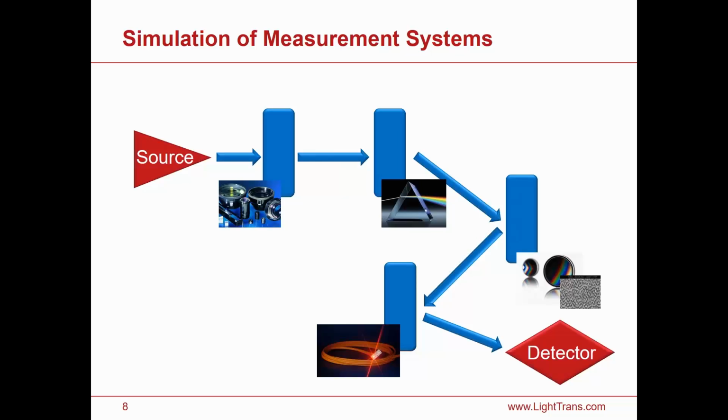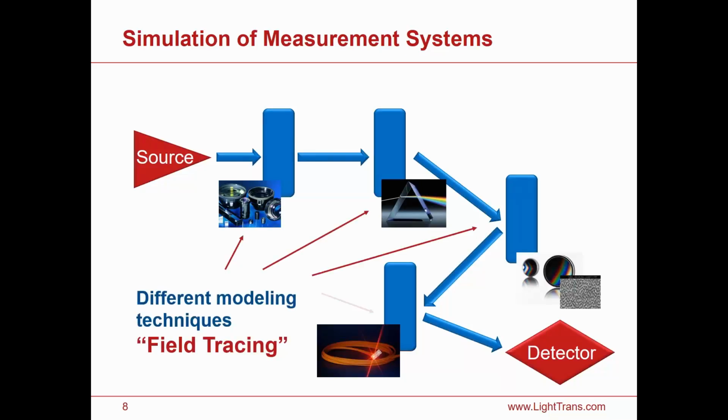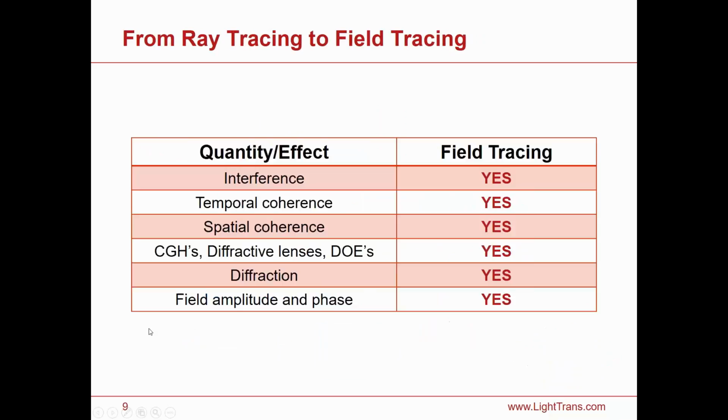The approach of VirtualLab is that we use different modeling techniques for different components and different free space propagation steps. This is the strategy of VirtualLab, and we call this field tracing. With the help of field tracing, we can cover all these effects we need for the simulation of our measurement systems, such as interference, coherence, and diffraction. And we can also calculate field distributions, field amplitude, and phase.